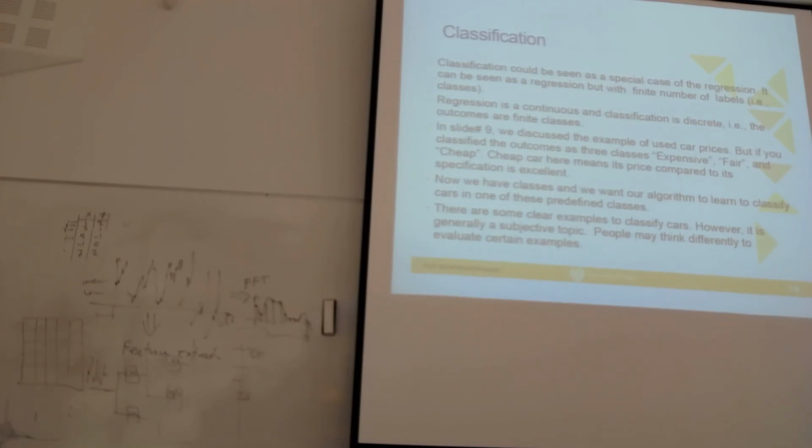If we go to the example in slide 9, when we talked about the price of cars, we were looking to predict the price of the car. But now, instead of the price, if we are interested in knowing whether the car is expensive, fair, or cheap, in that case we have a classification, not a regression, because we have a discrete and finite number of classes.